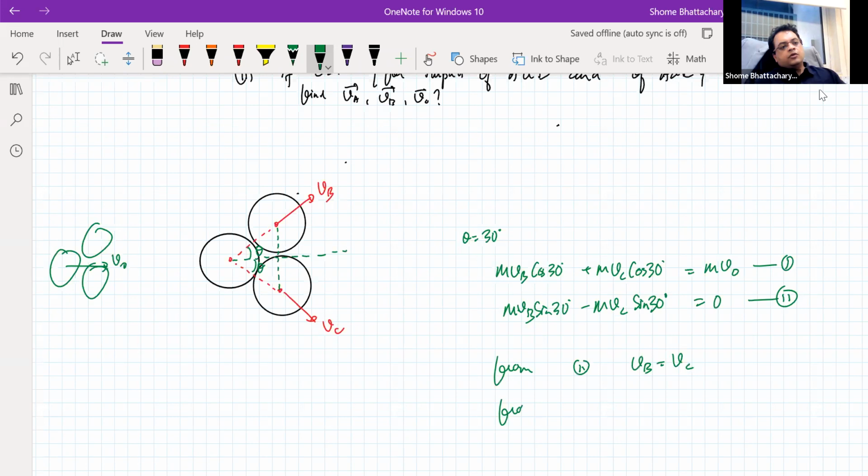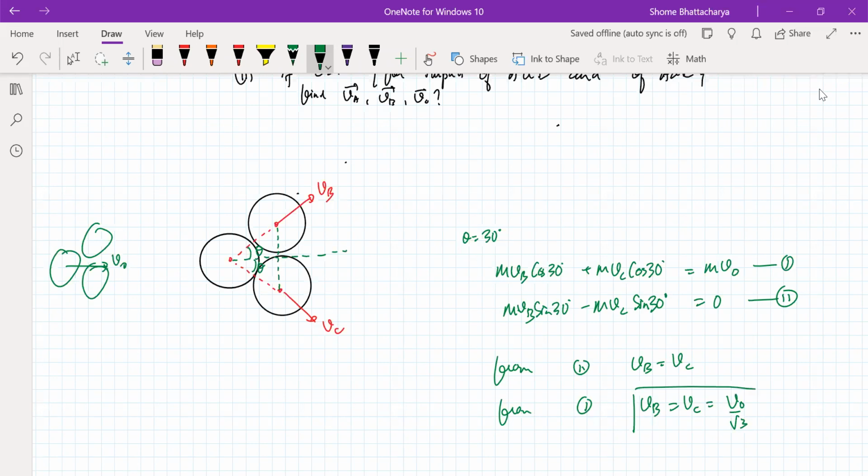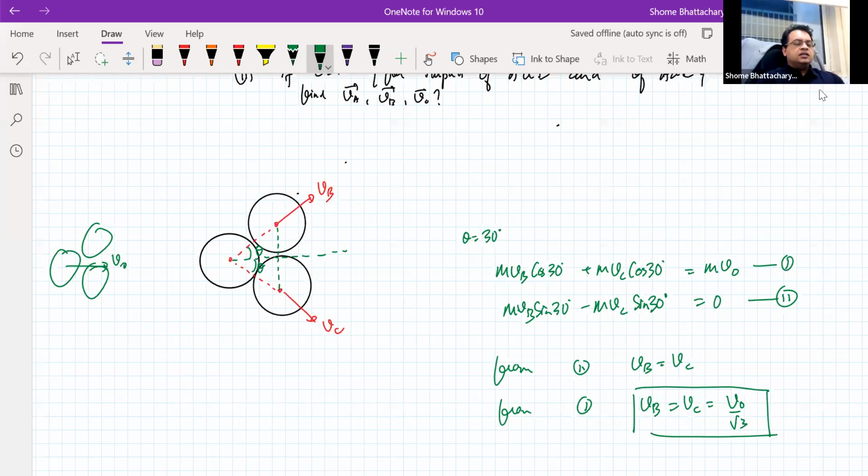From equation 1, you will see that VB is equal to VC, which will become V0 by root 3. So these are the final velocities in magnitude, and their direction is at 30 degrees.